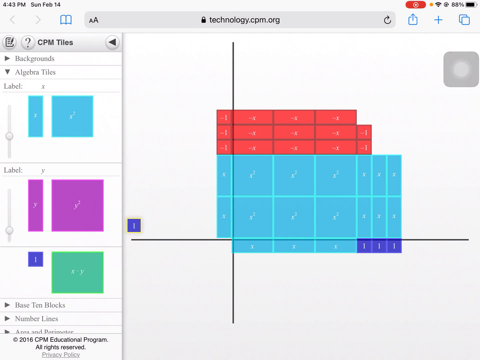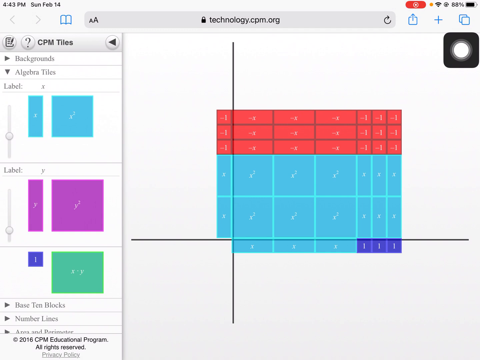We'll need to change these to negatives since we're multiplying positive times negatives there. So there's our rectangle, our area rectangle. And this time we do have some zero pairs to deal with.